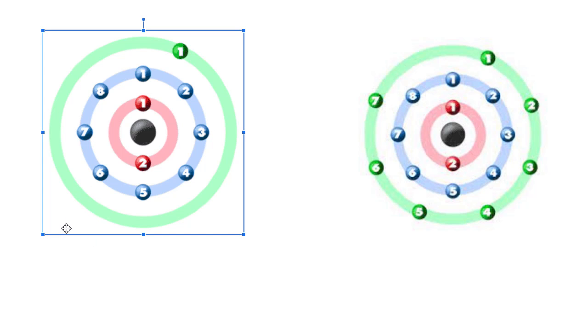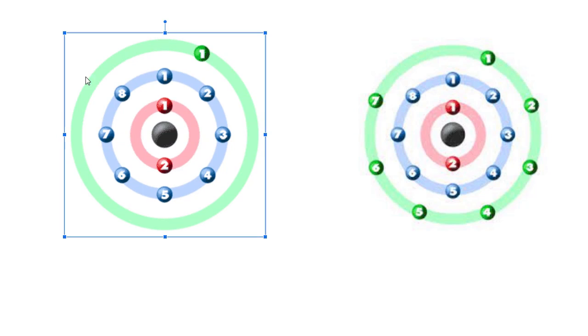Now let us see the figure of the electron cell of sodium and chlorine. Here you can see the electron configuration of sodium. There are 2 electrons in its first orbit, 8 electrons in the second orbit, and only 1 electron in the valence cell. So this is the electron cell of sodium.